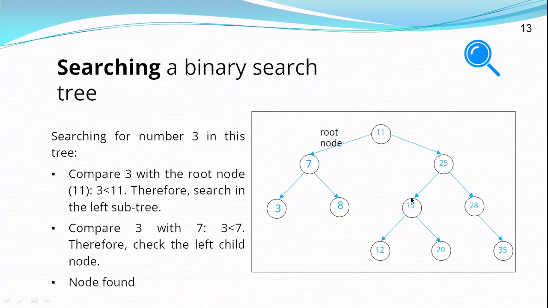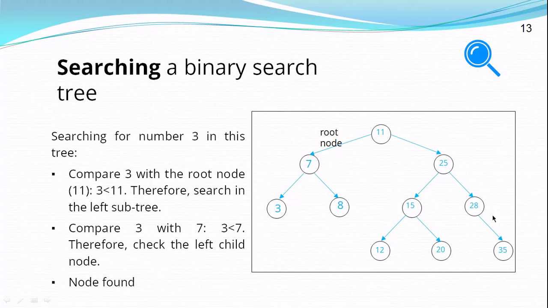So just stand back from this a little bit and ask yourself what's actually happening. When I start the search, I'm actually looking in either the left-hand subtree or the right-hand subtree.